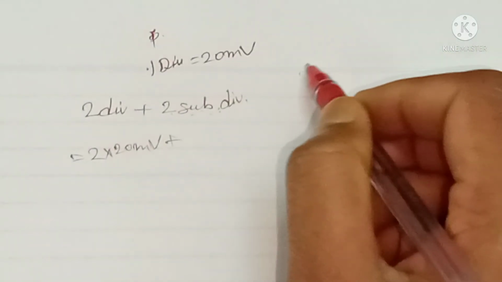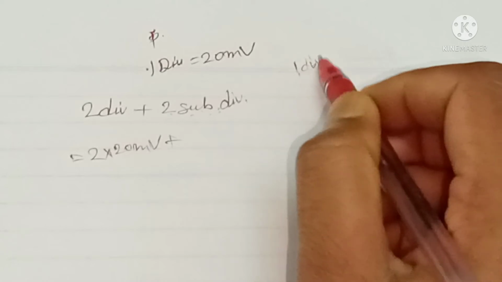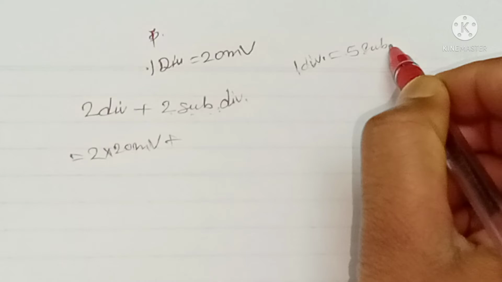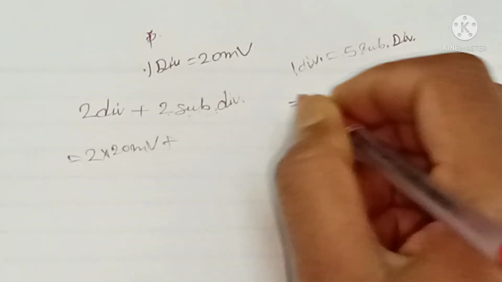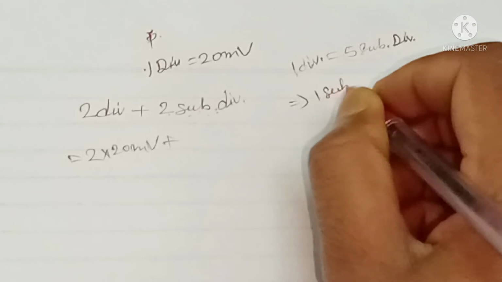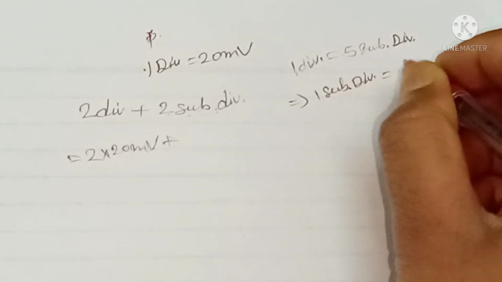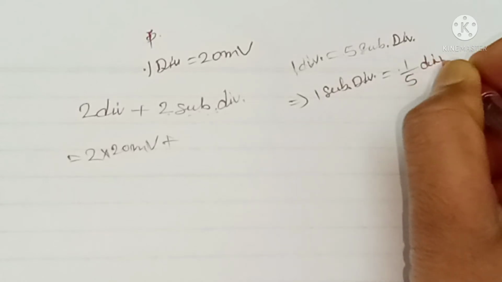So you know that 1 division equals 5 subdivisions. It means 1 subdivision equals 1 by 5 division, we can write.